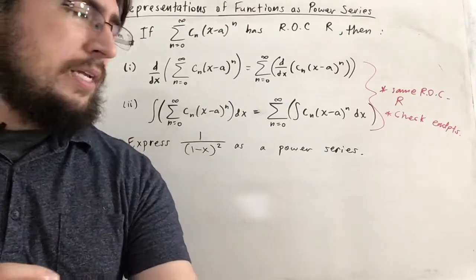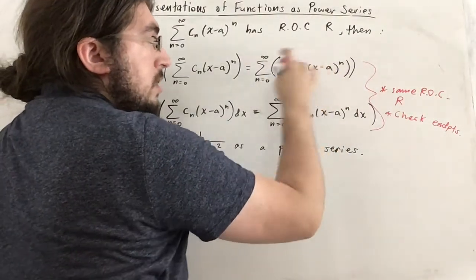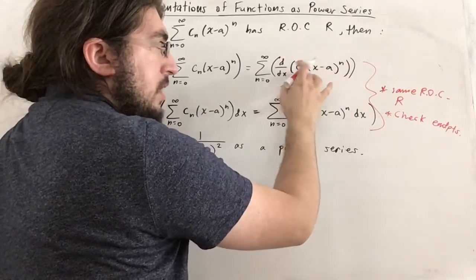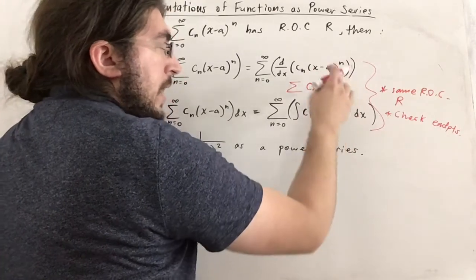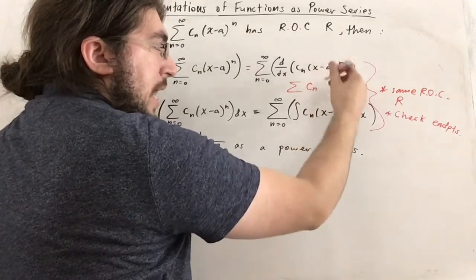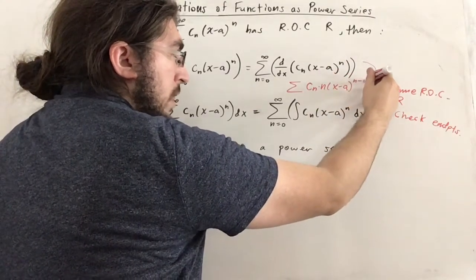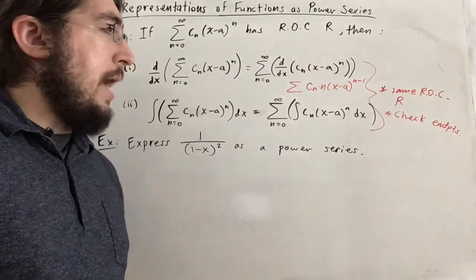Actually, there's a little more I can say, because we can actually take derivatives. So I'm just going to show real quick. With this top one, this is the sum over, let's see, the derivative of a constant times this is just the constant c sub n. And then the derivative of x minus a to the nth is n times x minus a to the n minus 1. By chain rule, the derivative of x minus a is just 1, so nothing really happens.